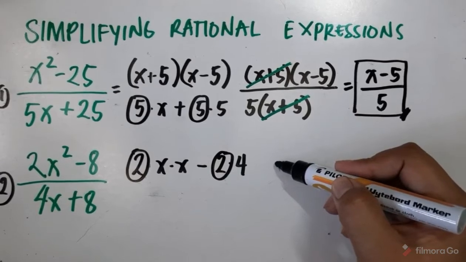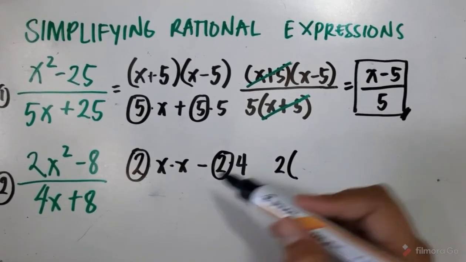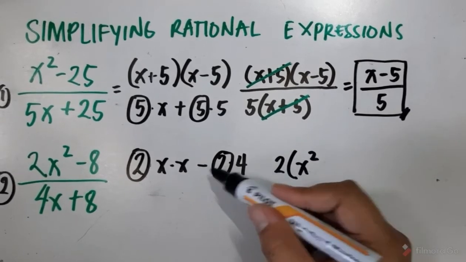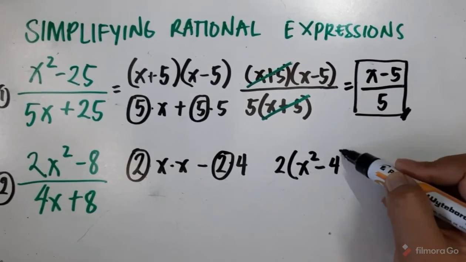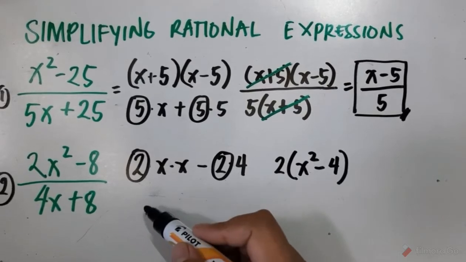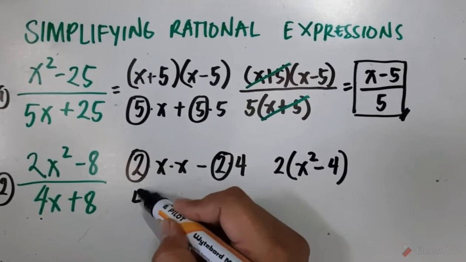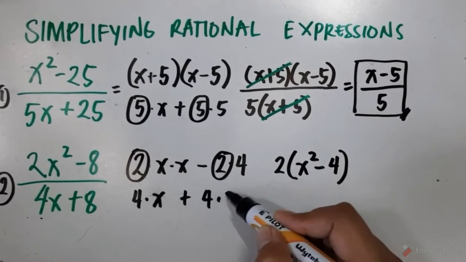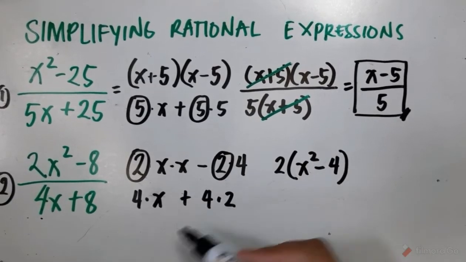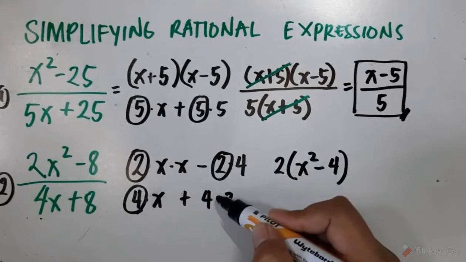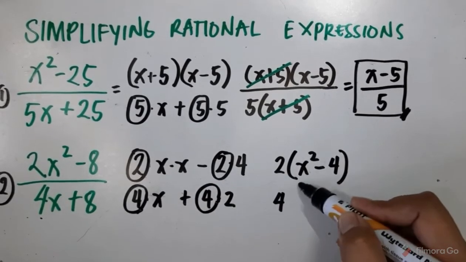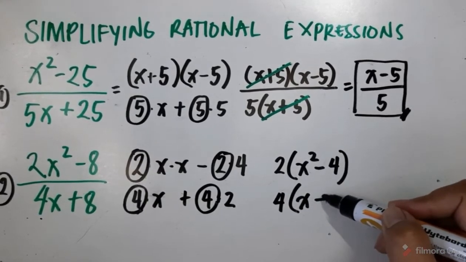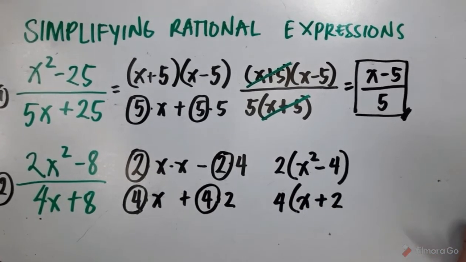So, we rewrite it as 2 times, what's left on that side is x squared minus 4. Now, let's proceed to the denominator. Factors of 4x are 4 times x. Factors of 8 are 4 times 2. So, the common factor of the two terms is 4. So, we rewrite it as 4, and what's left in the first term is x, and in the second term is plus 2. Okay?